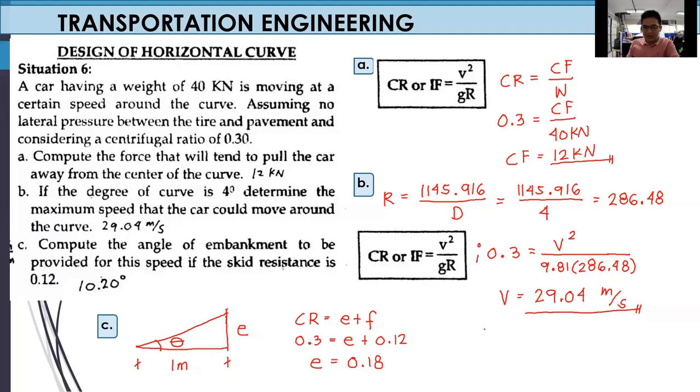So, magiging tangent theta is equivalent to opposite, which is E over 1, which is our adjacent. So, substitute natin, E is 0.18 divided by 1, then by using a calculator, theta natin is 10.20 degrees. Okay? So, final answer.